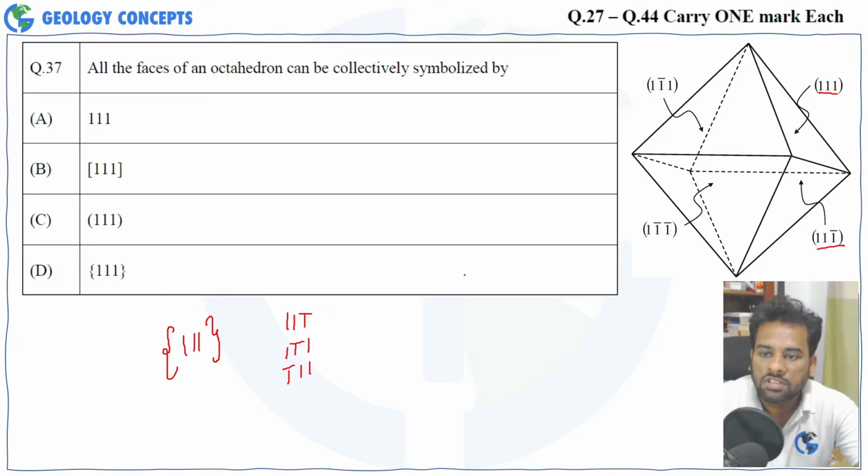All those combinations, total 8 combinations, 4 at the top, 4 at the bottom, and therefore D will be the correct option. C option is just one plane, so it is not representing all the planes of the octahedron. 1 1 1 in square bracket is a direction, this is a zone symbol, and this doesn't mean anything, so D is the correct option.